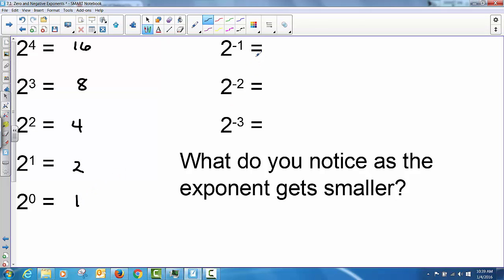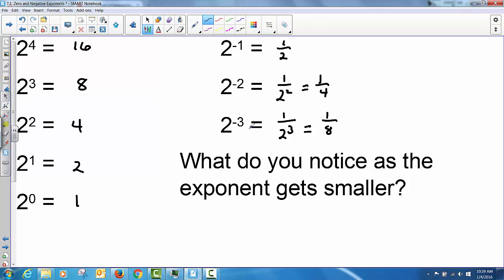Now 2 to the negative 1 is actually 1/2. 2 to the negative 2 is 1 over 2 squared, or 1/4. 2 to the negative 3 is 1 over 2 to the 3rd, or 1/8.